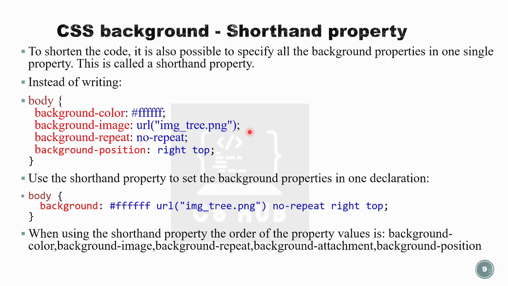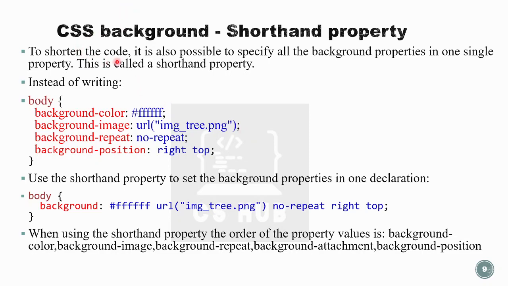Then a shorthand property, CSS background. So far we have discussed background image, background color, background repeat, background position, background attachment, five properties, and all that can be combined into a single shorthand property, that is background.